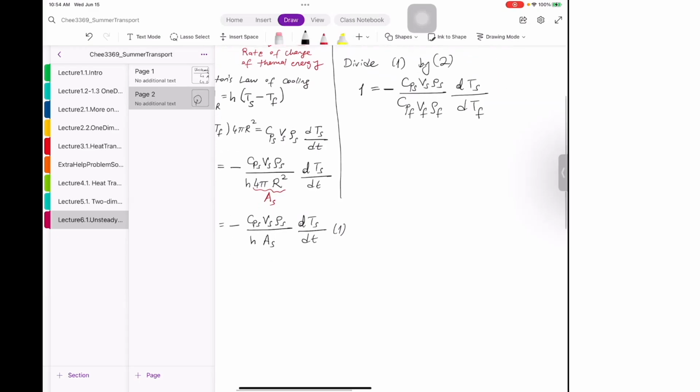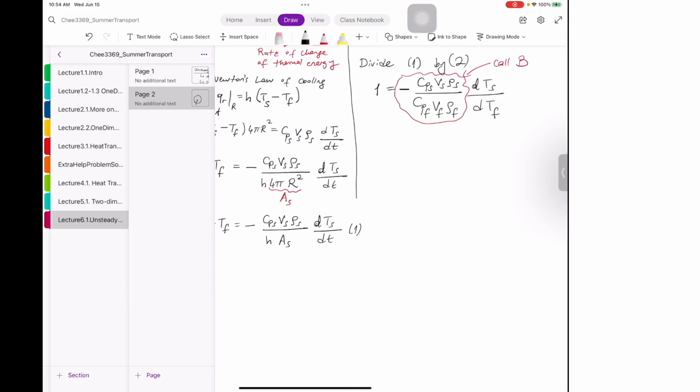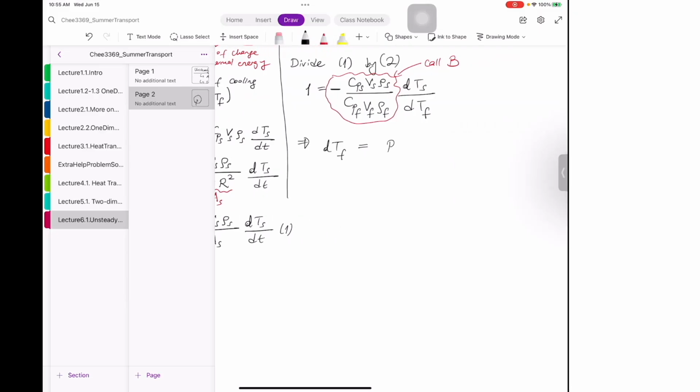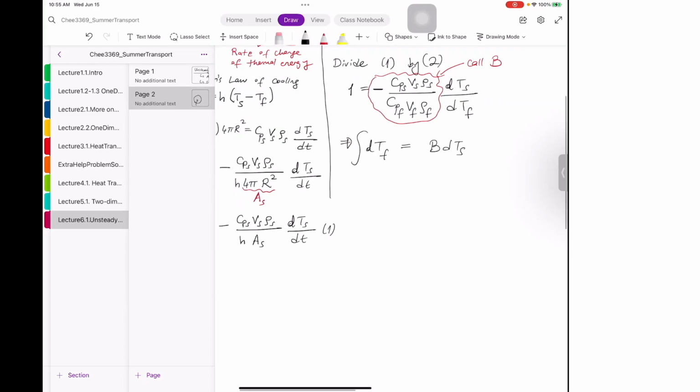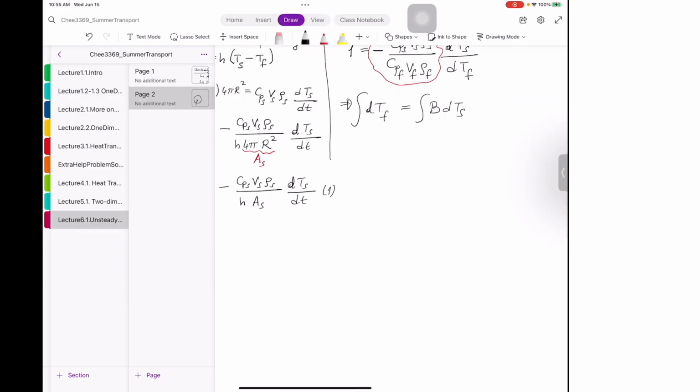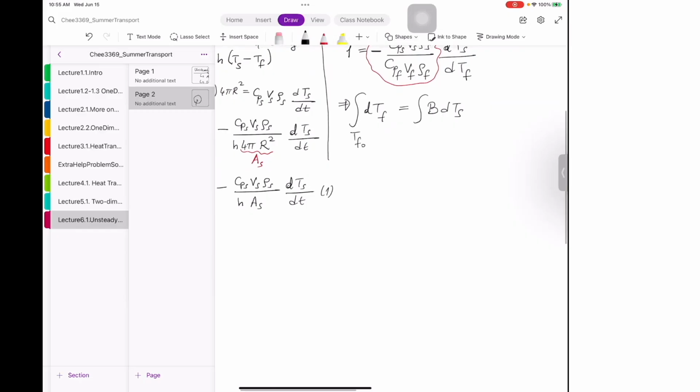Okay, and to solve this equation, let's call this chunk of constants B. From here we get dTf is equal to B dTs, and let's take the integral from the initial fluid temperature Tf0 to any fluid temperature Tf, and Ts0, the initial solid temperature, to any solid temperature Ts.